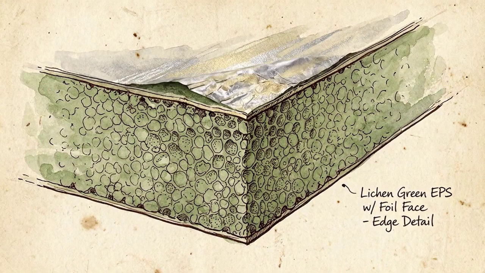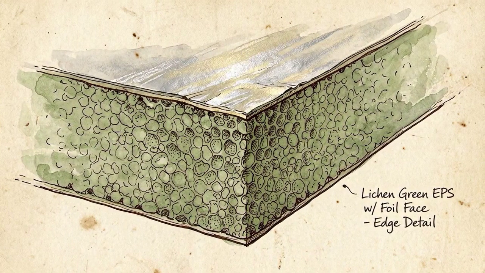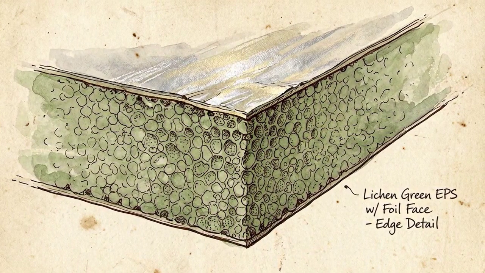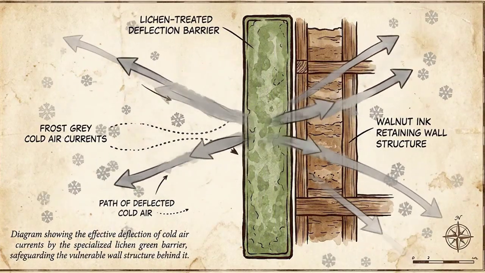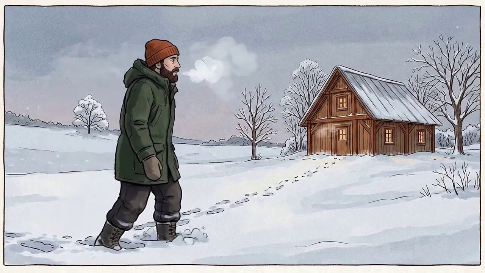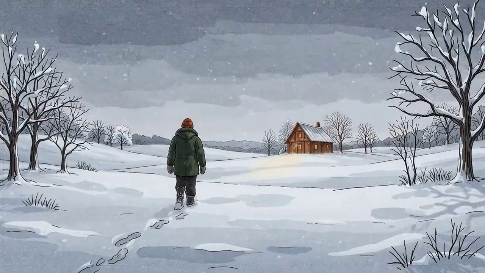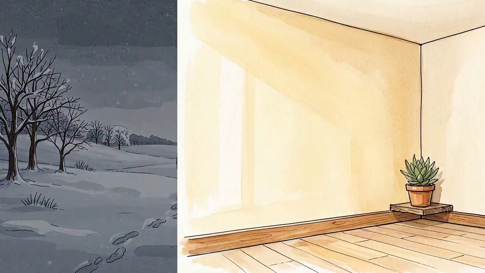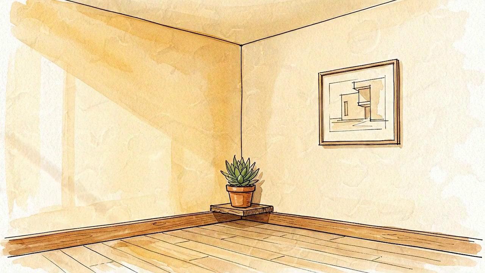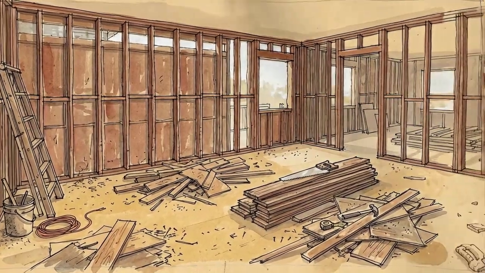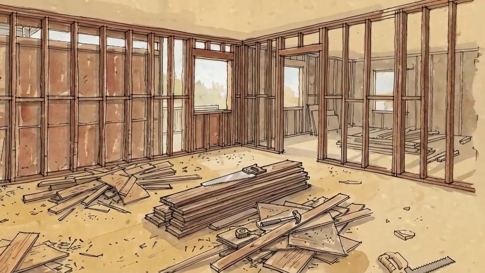A 1-inch layer of polyisocyanurate foam on the exterior, with an R-value of approximately 6 to 6.5, shifts the dew point enough in a climate zone 4 or 5 winter to eliminate interior condensation on walls that are already insulated to code. This is a renovation project. It is not a weekend fix.